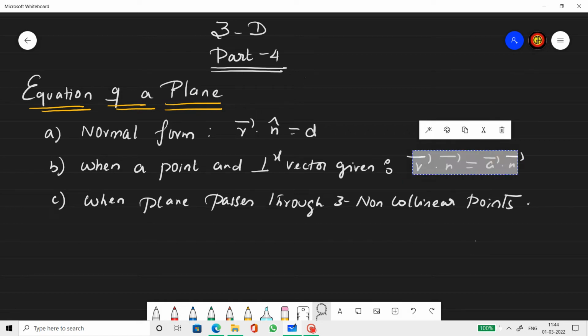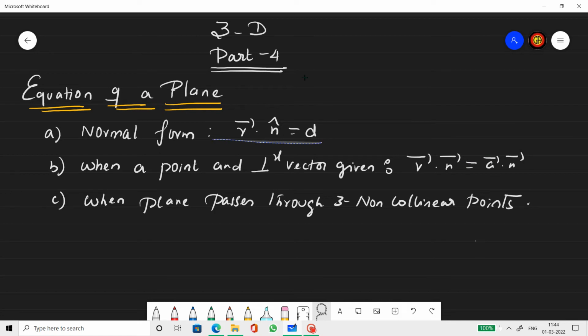Only in certain sums, when the question particularly asks for the distance from the origin, I have to take the help of the other formula. Otherwise, in most cases, we can pull out all the sums using this one formula. That is why I am not writing the formula for the equation of a plane passing through three non-collinear points over here. Now let's start the proof.